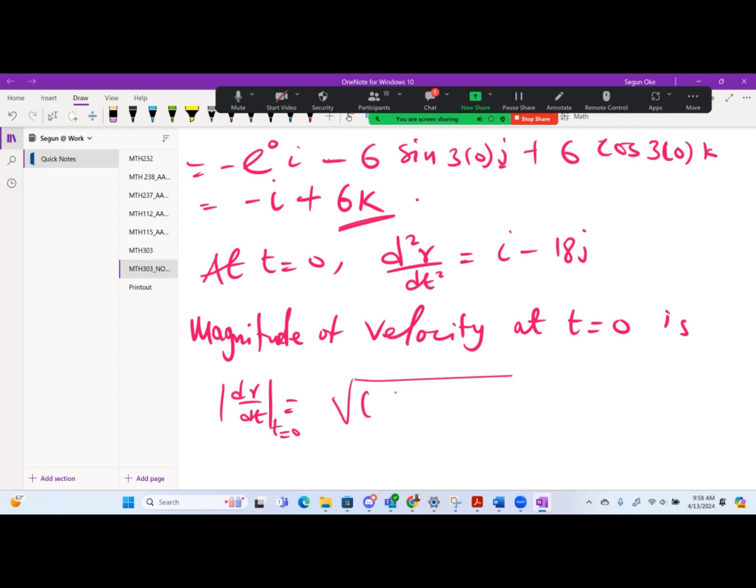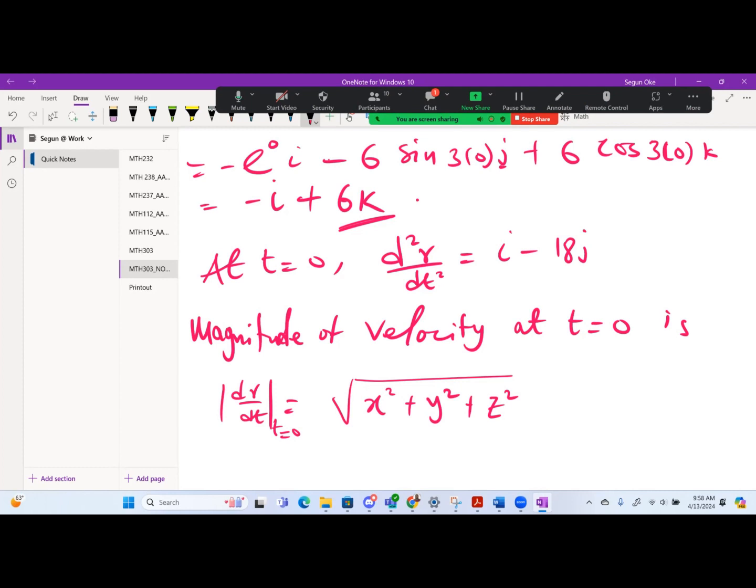Square root of x squared plus y squared plus z squared. Why are we not putting ijk? Because ijk will have turned to 1. Do you agree with me?